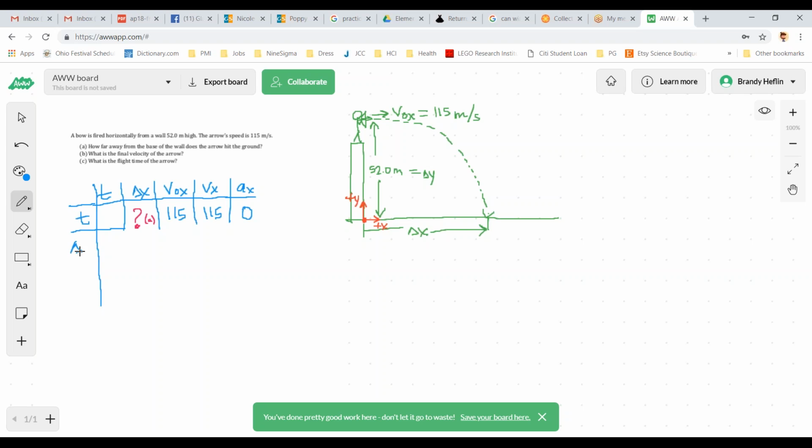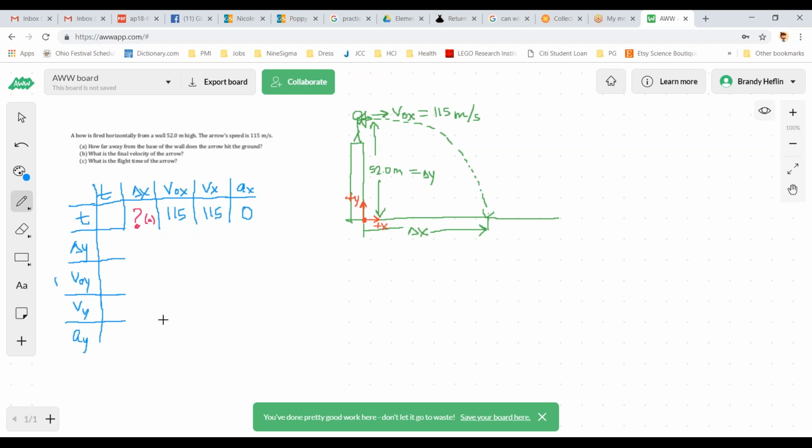And then we're going to list our vertical motion variables, delta y, v naught y, vy. So those are the initial vertical velocity and final vertical velocity, and ay, the vertical acceleration.